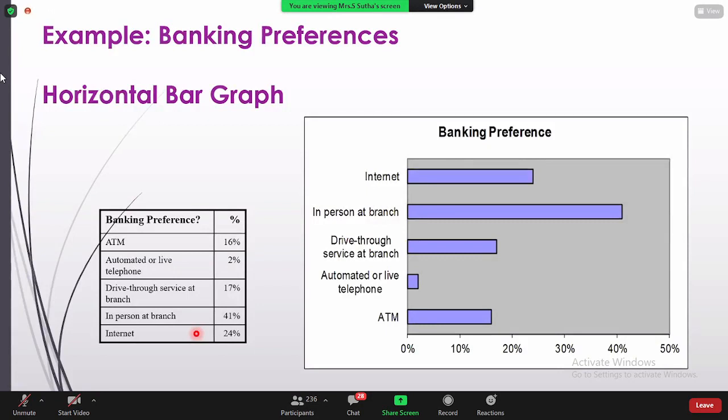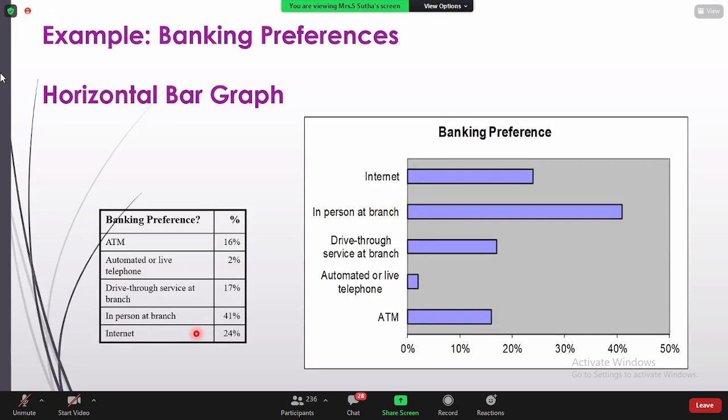What is the measurement level for this variable? Ratio. You have to look carefully at what the measurement level of this variable is. Your variable is the banking preferences, right?